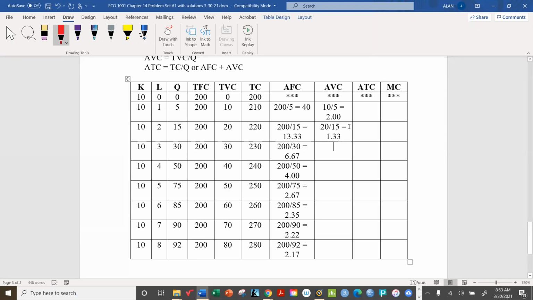Then we have 30 over 30, which is 1. That's kind of nice. Then we have 40 over 50, which is 0.80. 50 over 75, which is 2/3 or 0.667, or let's call it 0.67.